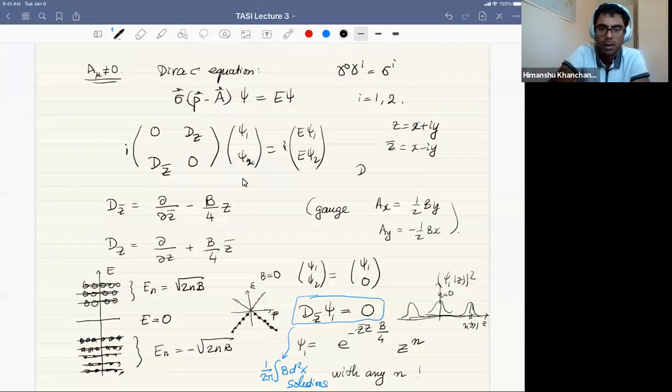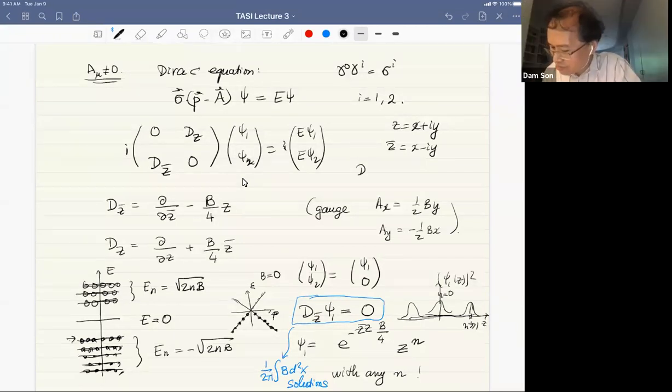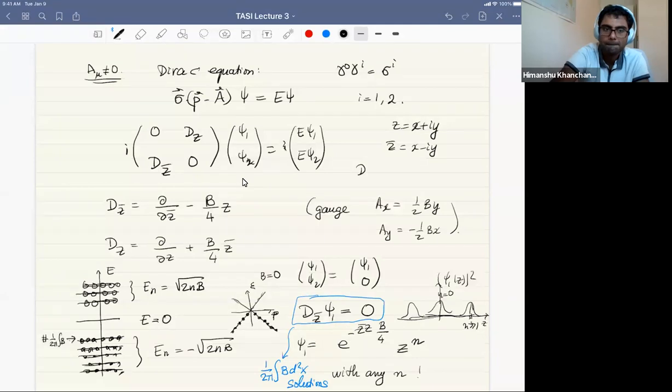The number of states on each of these levels becomes less and less, since it is 1 over 2 pi times the integral of B. So there are more and more levels, but fewer and fewer states on each level. In some sense, going from B equal to 0 to finite B, you group the states into these levels. Otherwise they would all have different energy, but now they group together into discrete levels.